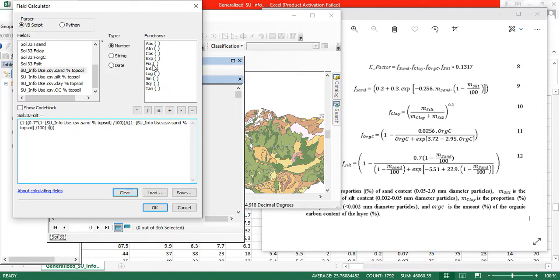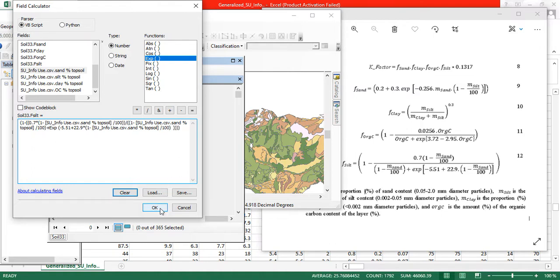exponential of minus 5.51 plus 22.9 multiply by, open another bracket, which will now be our 1 minus m sand divided by 100.